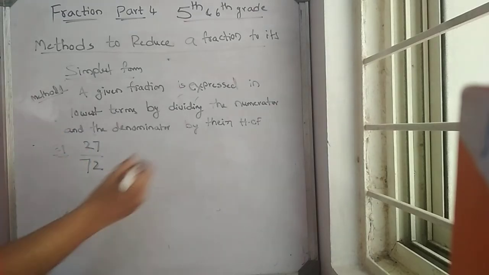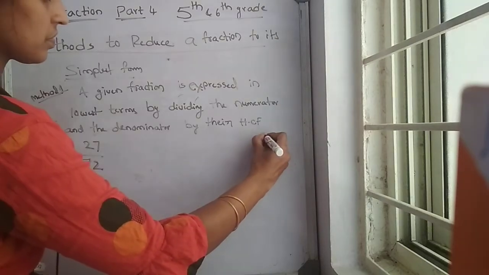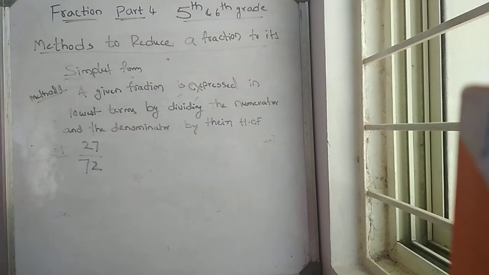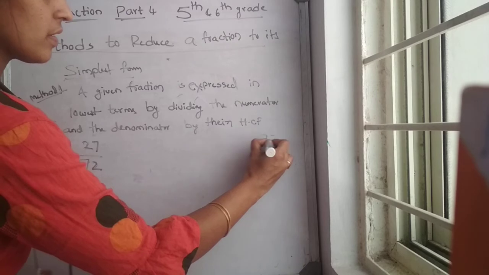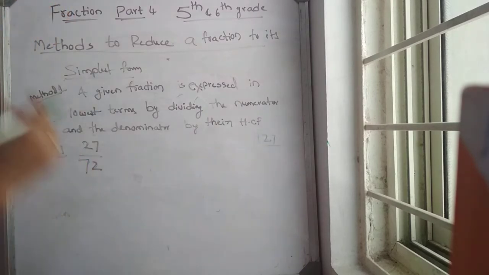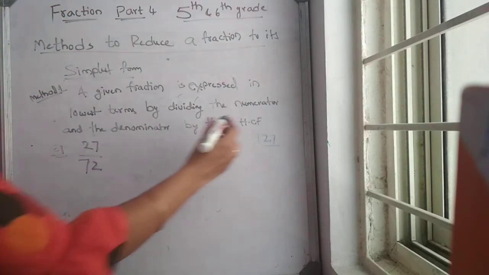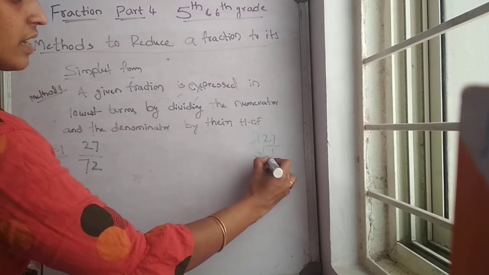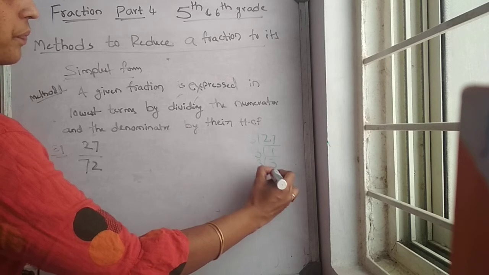Okay. So, 27. How to do? 3 9s are 27. 3 3s are 9. 3 1s are 3.